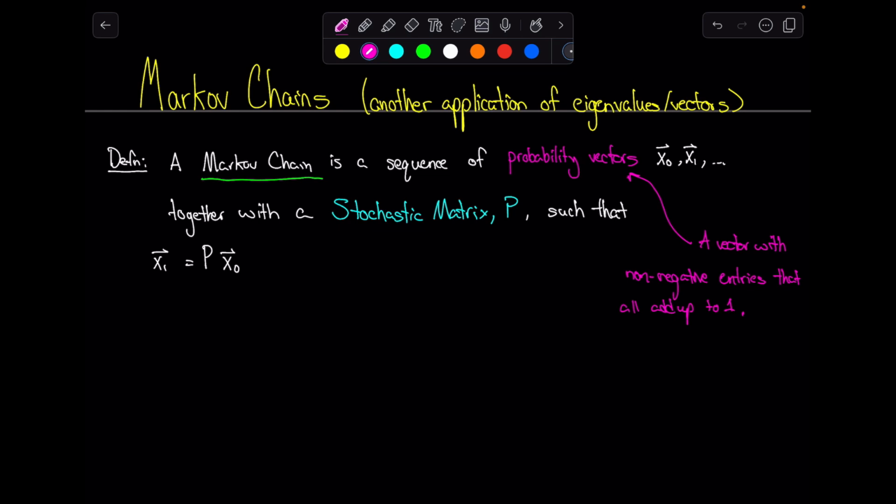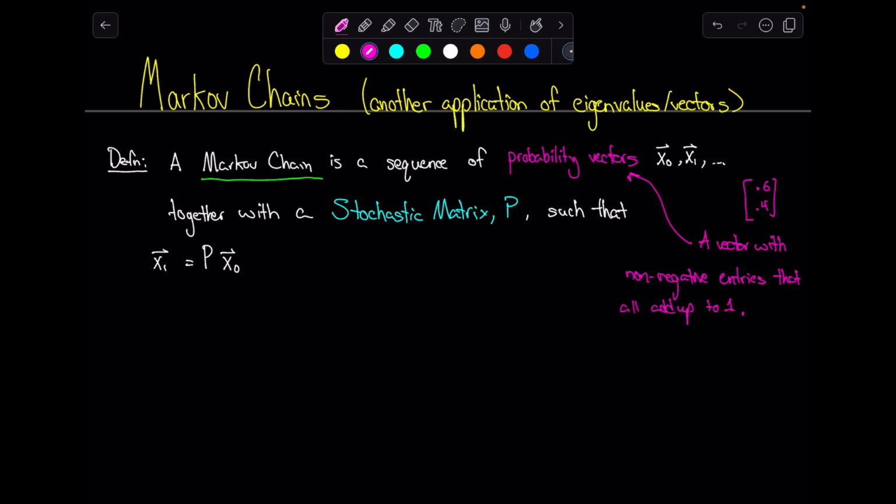Now, as you can imagine, if I have a vector like 0.6 and 0.4, this could represent that there's a 60% chance of going one way and a 40% chance of something else happening. That's kind of what we mean by probability vector.